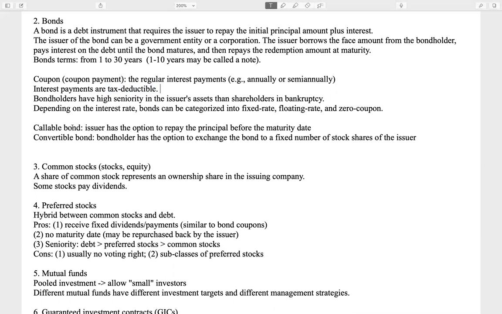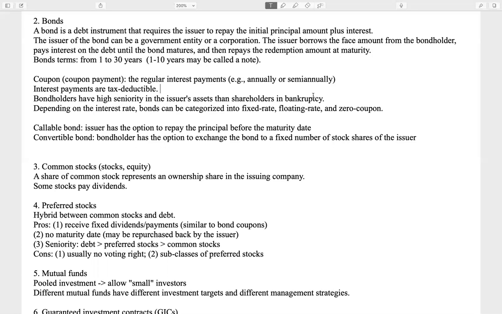One particular thing is that bondholders have higher seniority in the issuer's assets than shareholders when it goes bankrupt. Meaning, let's say a company has a debt of, let's say, $10 million. And the company's total assets right now are only worth $8 million.